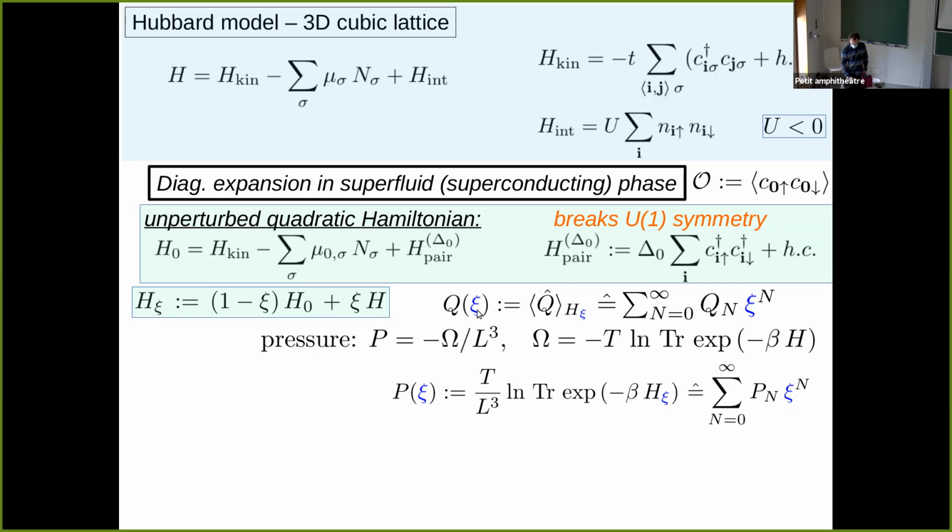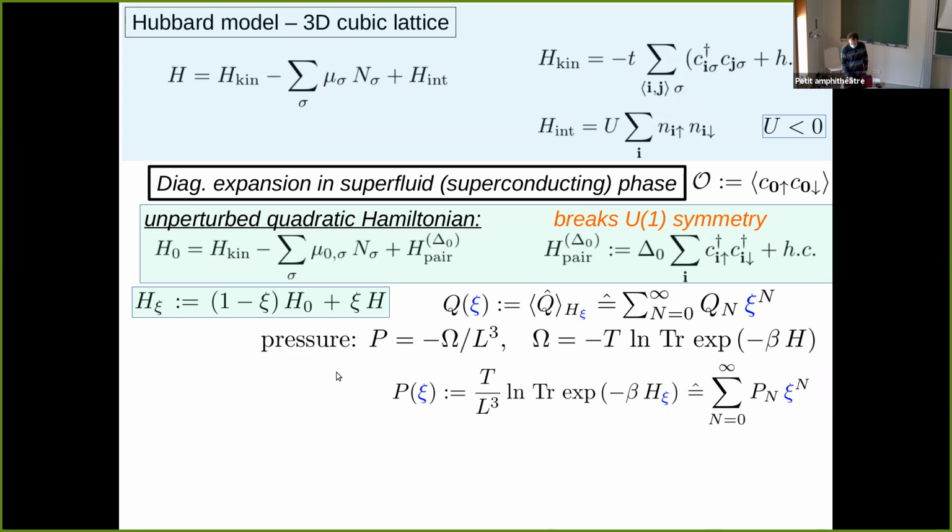And then we follow the standard procedure. So as I introduced before, to compute some quantity q, we make it psi dependent by computing it with this h psi, and then expand in powers of psi and compute these coefficients qn.